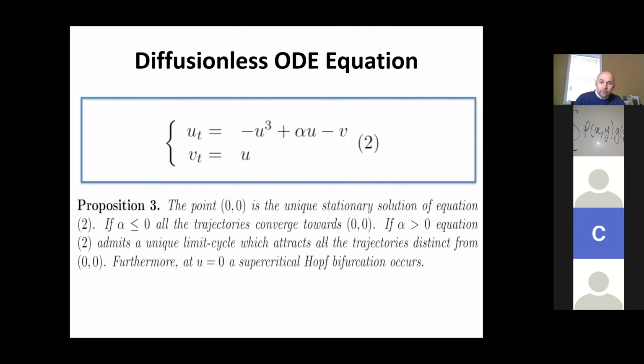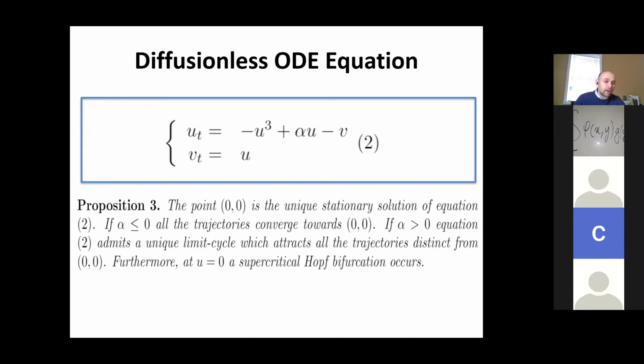You have the following theorem. The unique stationary point is 0, 0. If alpha is non-positive, you can prove that all the solutions go to 0, 0.